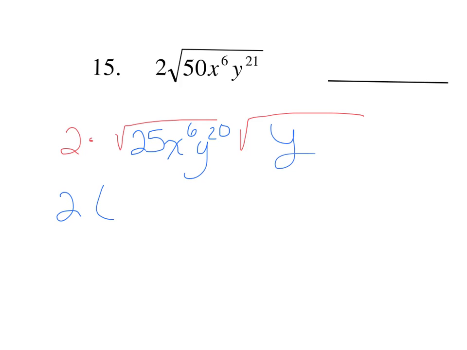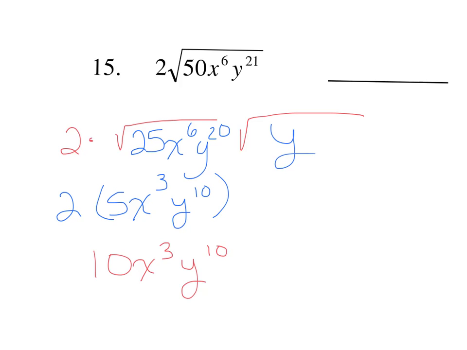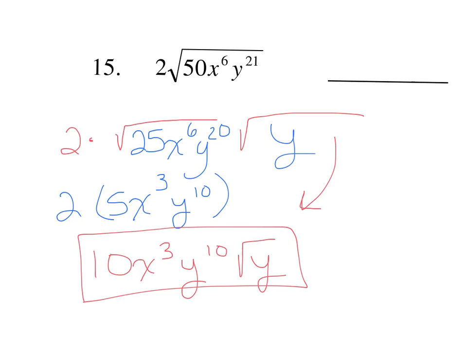So we need to take the square root of these perfects. The square root of 25 is 5. The square root of x to the 6 is x cubed. The square root of y to the 20 is y to the 10th. And now simplify by multiplying times this 2. We have 10 x cubed, y to the 10th, and these not perfects, they come straight down.